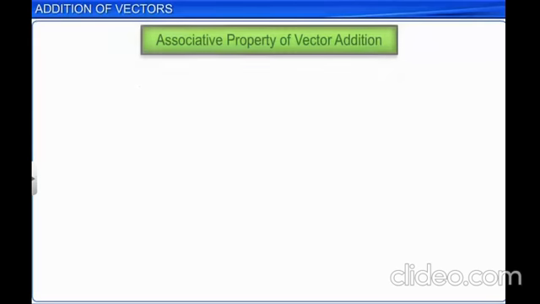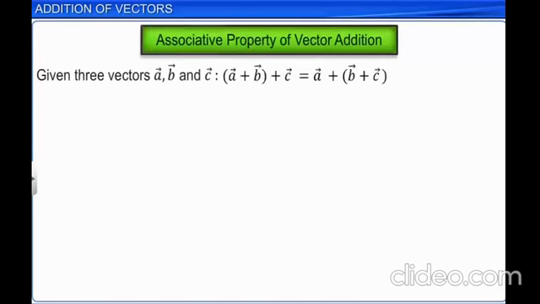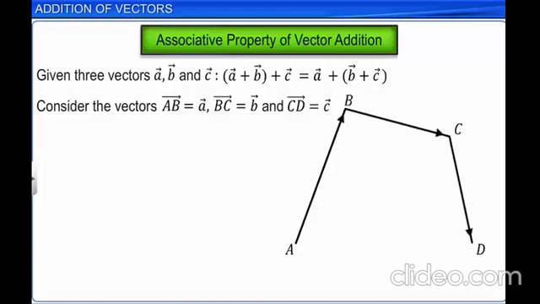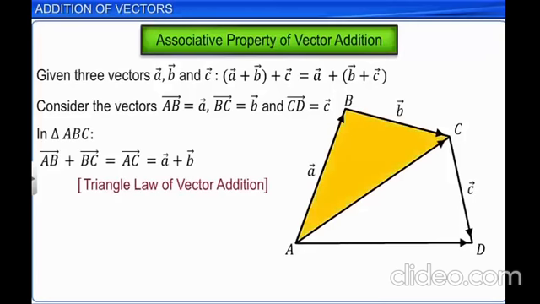Now, let us prove that vector addition is associative. Consider three vectors, AB, BC, and CD, representing vectors A, B, and C respectively. By the triangle law of vector addition, the sum of vectors AB and BC is equal to vector AC, which is equal to vector A plus vector B. Now, consider triangle ACD.